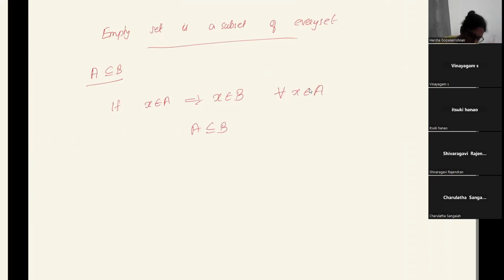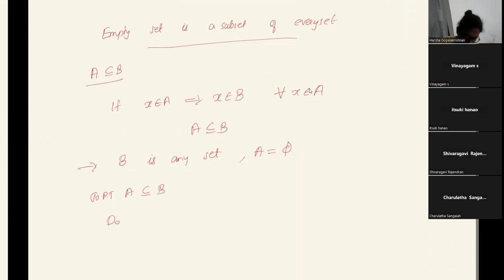Okay. Now our case is B is any set, and A we are taking as the empty set. We want to prove that A is a subset of B. By definition, what we need to prove is that any element in A should be in B. If there exists an element in A, it should belong to B. Now, in this case, A equals the empty set.